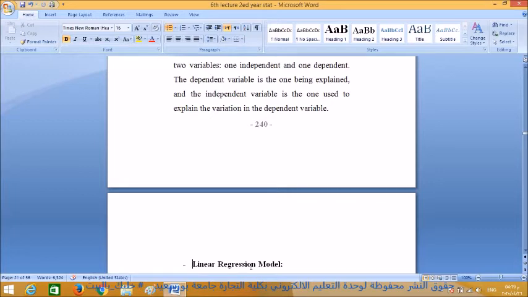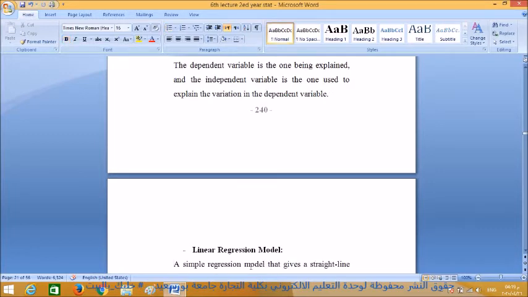Now, the linear regression model. The word regression includes both linear and non-linear. So we will study only the linear regression model, not the non-linear regression model, and we will study the simple regression, not the multiple regression.